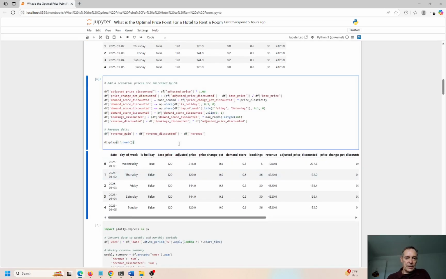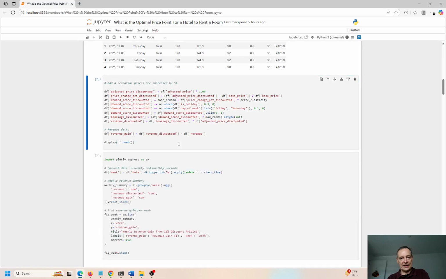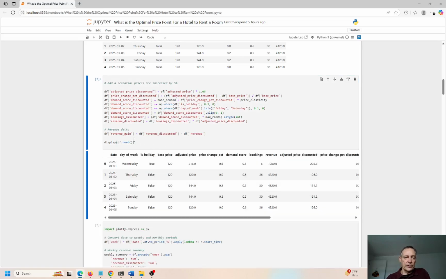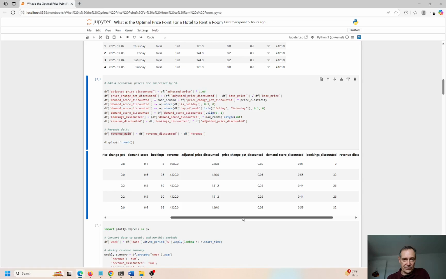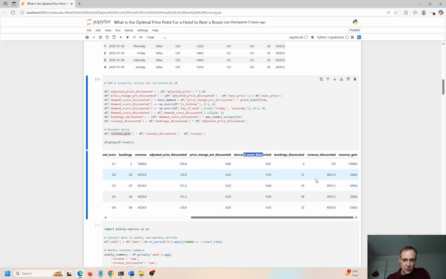So let's go ahead and look at a scenario where prices are increased by 5%. So we want to look at revenue discount minus the revenue, which is going to show us the revenue gain, right? So we had the original revenue. We just saw the adjusted price discount, right? Price change percent discount, and the demand score discounted drives bookings discounted, revenue discounted, and revenue gain.